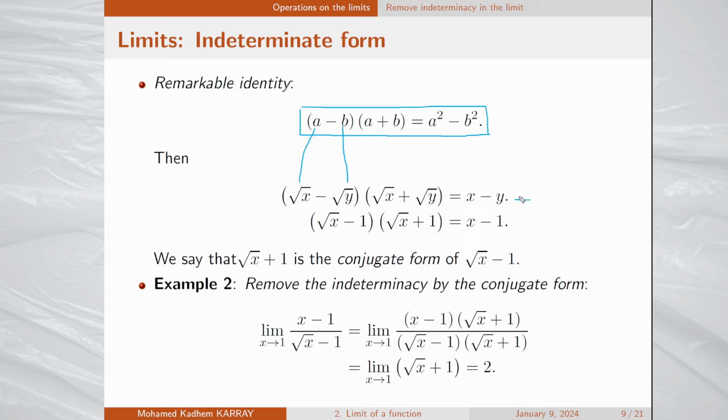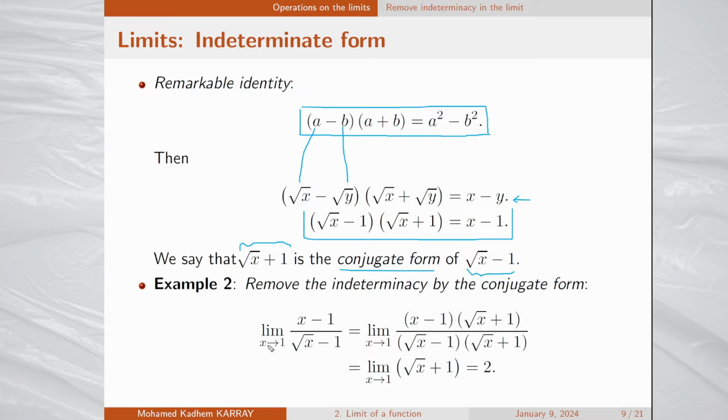And in the particular case, when y equals 1, we get this equality here, the square root of x minus 1 multiplied with the square root of x plus 1 equals x minus 1. We say that the square root of x plus 1 is the conjugate form of square root of x minus 1.